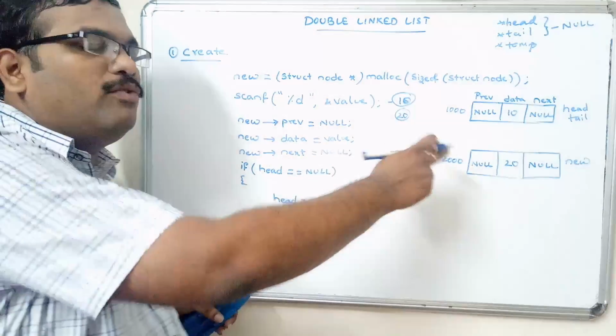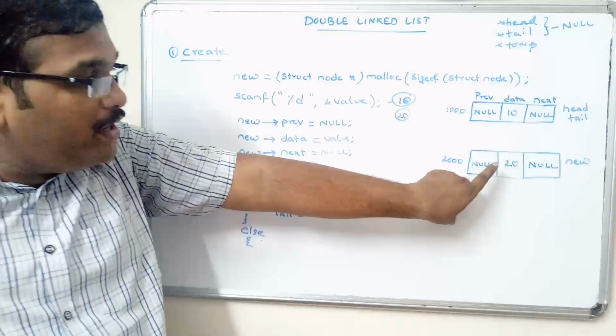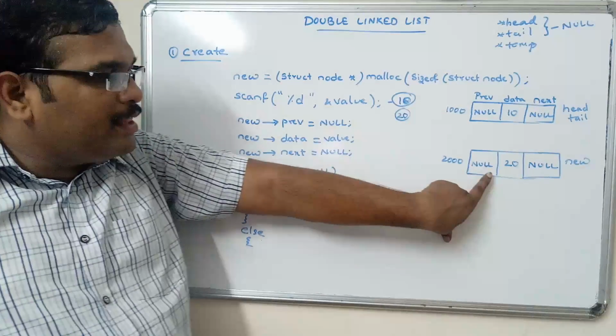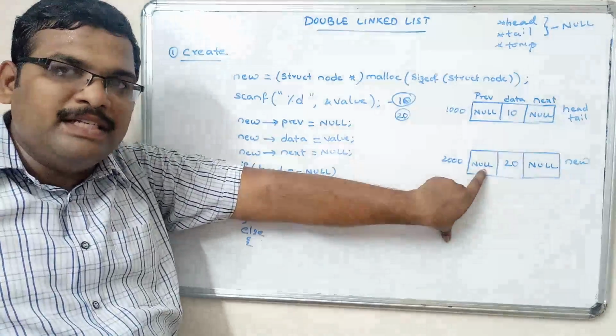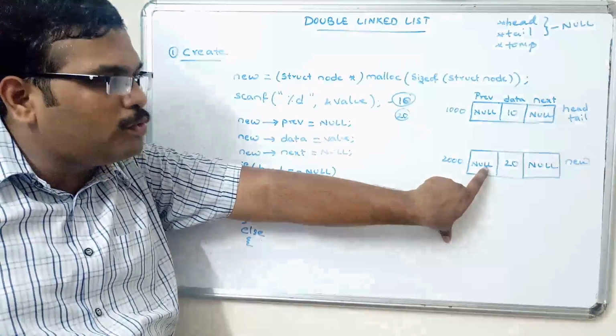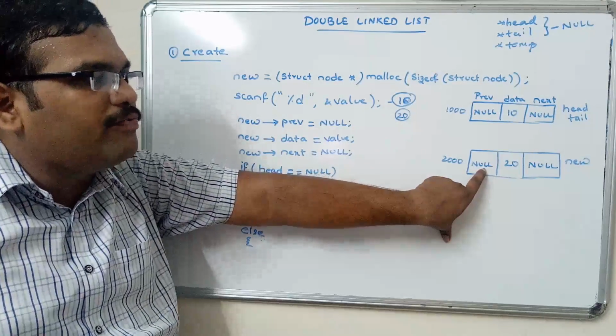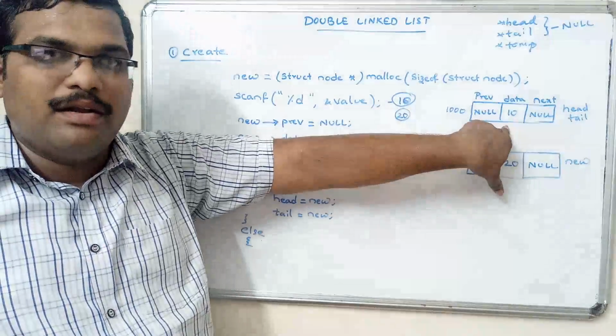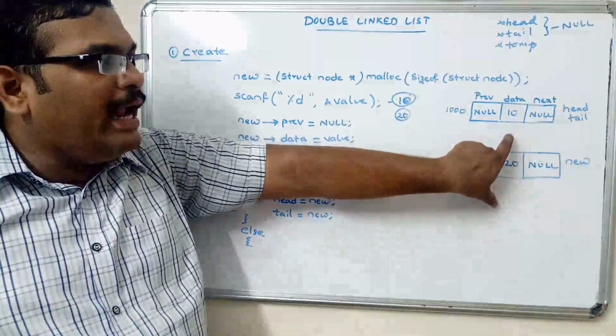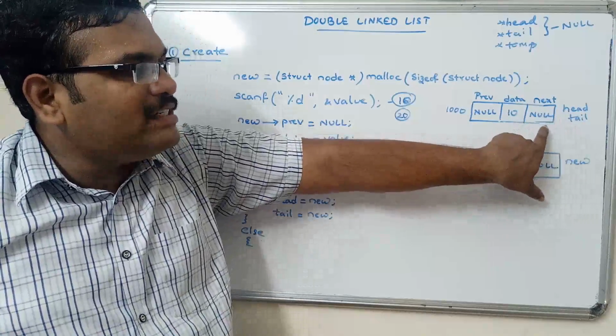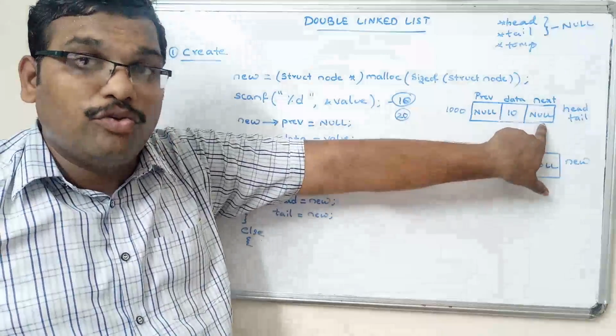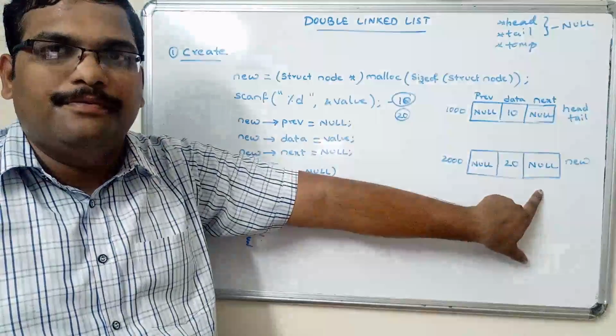In the else part, what do we have to write? The previous address field should be holding the address of the previous one, and in the head, the next address field should hold the address of new.